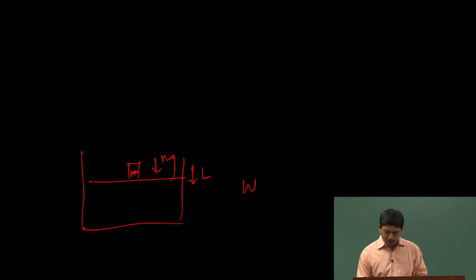So, for a very small change, when the work is done on the system, what will be the sign then? Let us say we have a mass m, mg. By convention, if we take work done on the system always to be positive, then we can write dW as minus P external dV.